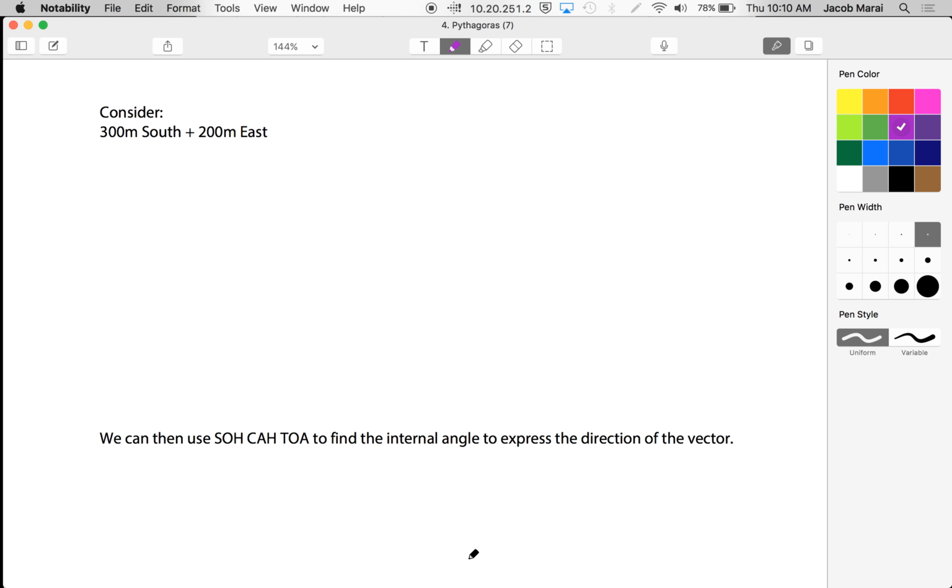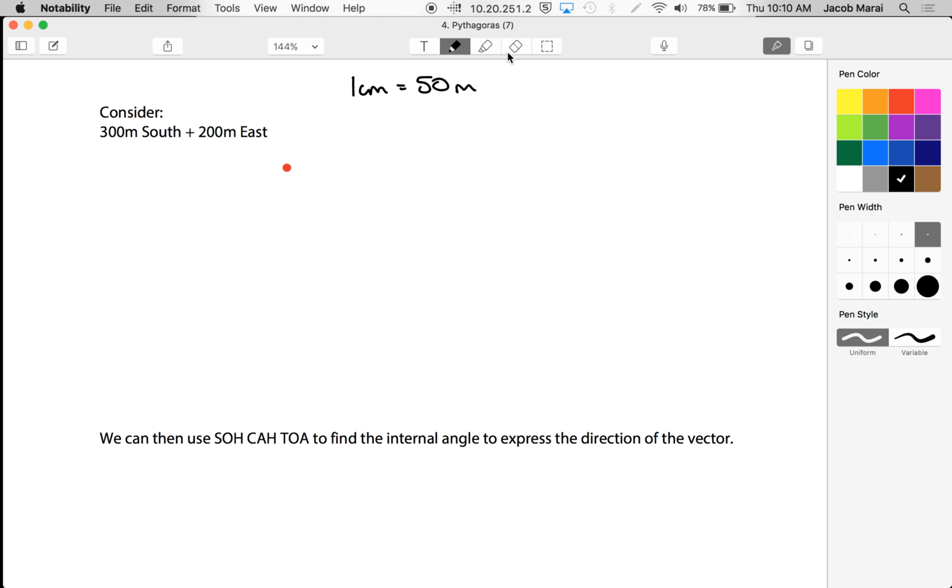South and east. Now we want to go down and then right. So we could put a little dot about here. Okay. Now let's not go 1 centimeter equals 100. Let's go 1 centimeter equals 50.